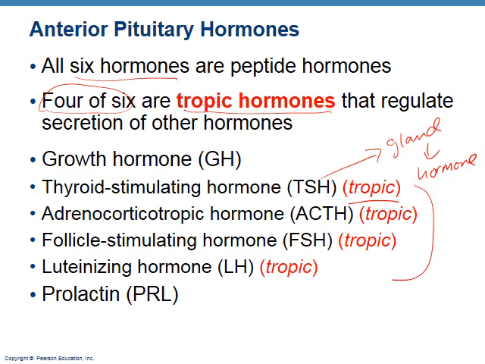So we'll look at these four. TSH is going to go to the thyroid and cause the thyroid to release T3 and T4. Adrenocorticotropic hormone is going to go from the anterior pituitary to the adrenal gland and cause the adrenal gland to release hormone. And these are going to go to the ovaries and the testes and cause those to release hormones. So just trying to explain to you what tropic means.